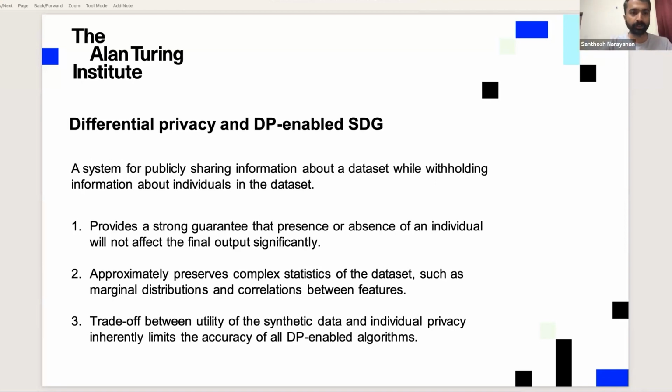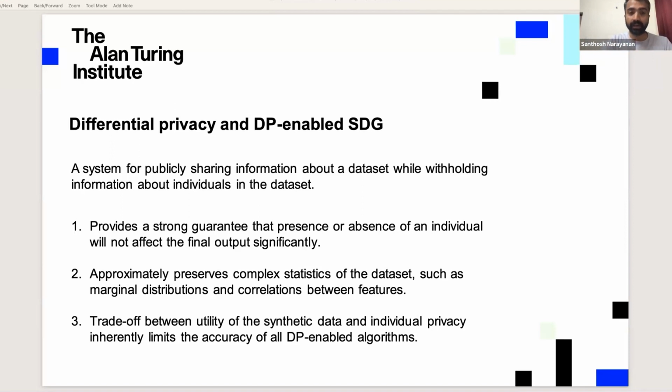I'm not going to go into the math behind it, but a couple of other points to understand about differential privacy. When we talk about preserving properties, in this particular case, we are typically talking about marginal distributions and correlations between the various features in the data.